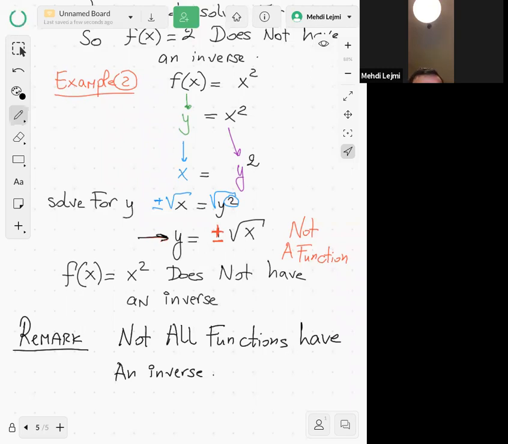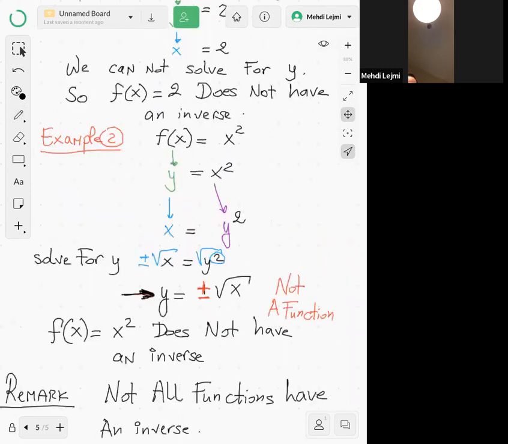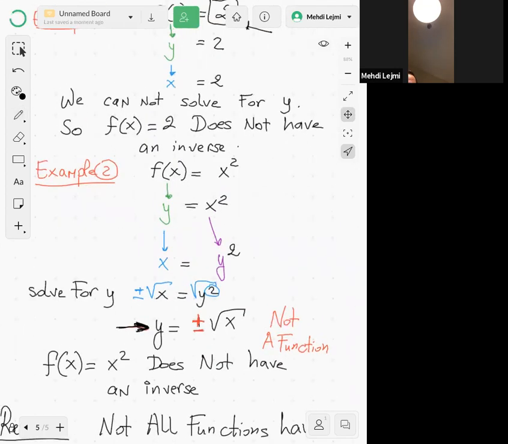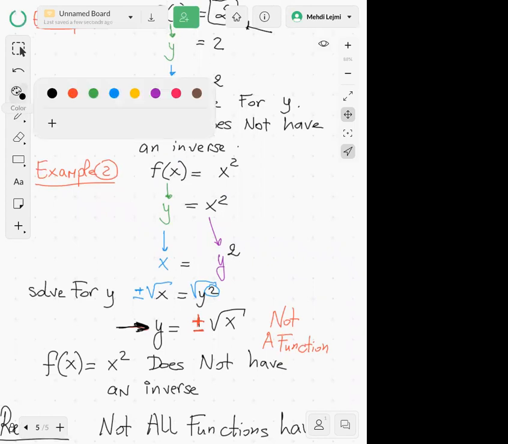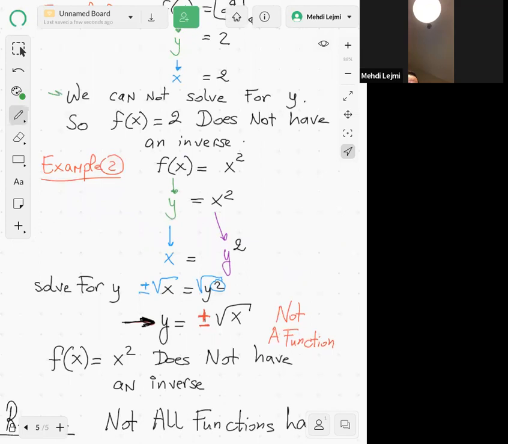Is this the only way that there won't be an inverse? Well, there's this way where you end up with a plus or minus, or sometimes you cannot solve for y. Sometimes it's not possible to solve for y. Sometimes you are able to solve for y, but you end up with something which is not a function because of plus or minus.